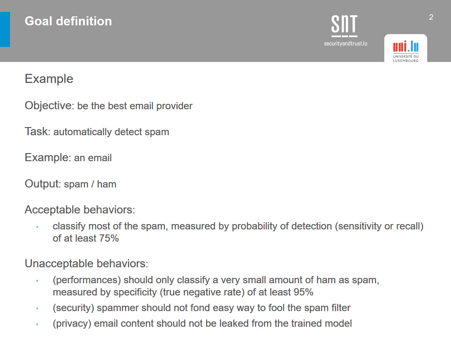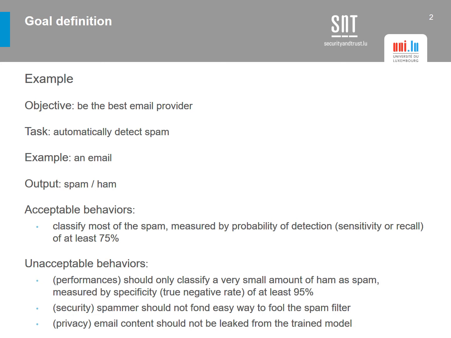We see that it can be an objective of my project or my organization or company. The task here is to automatically detect spam. So, in order to provide this service to the user, and also to keep in mind that they are not annoyed by constant spamming. An example or an object of interest in this case is an email.